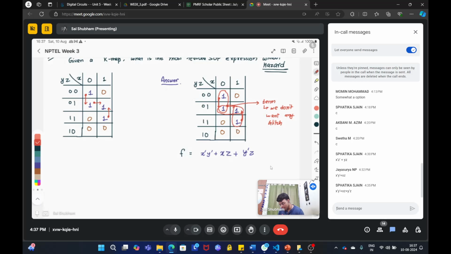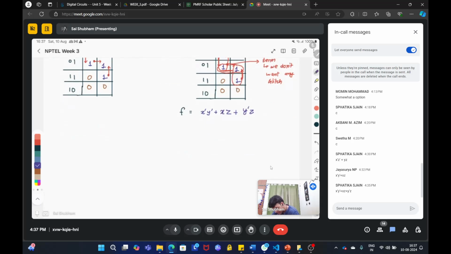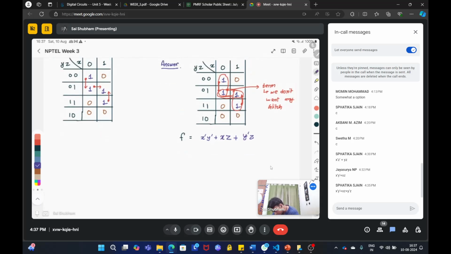So right now people generally teach that you add this one and there will be no glitch, but I think it will be fairly difficult for you to imagine how this operates. So I will explain that here. For example, you have signal xyz. Let's take two cases.